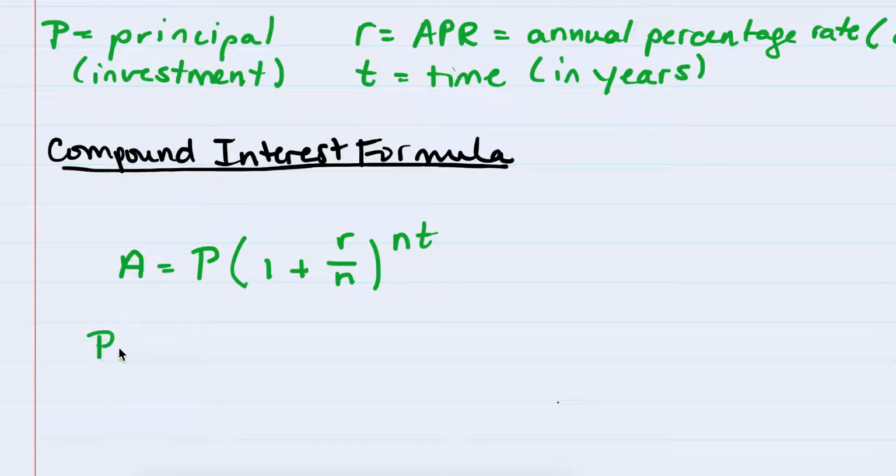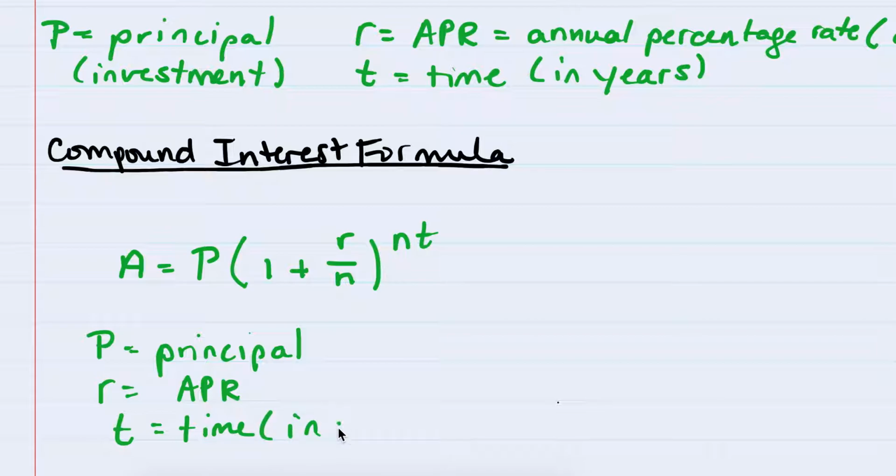So P is still going to be the principal. That's what you're going to put in. R is still going to be your APR, your rate, annual percentage rate. I don't want to write it all out again, so I'm just abbreviating it. T is your time, which is given in years. So we got P, R, T. We're going to say A is the accumulated balance.